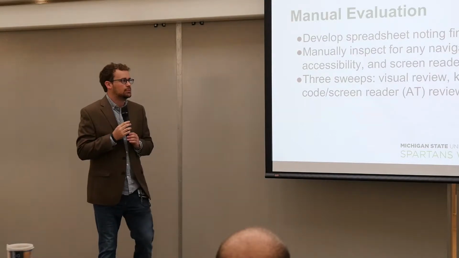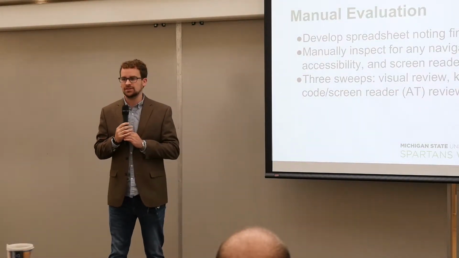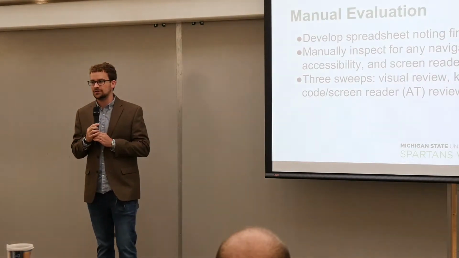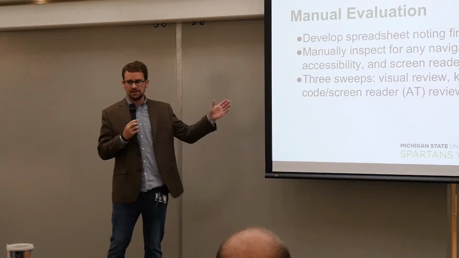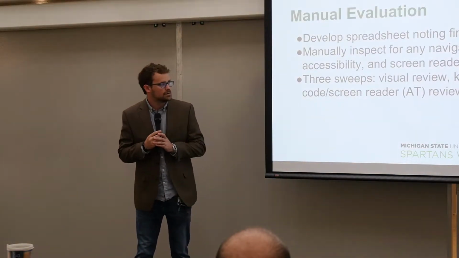And how we do manual evaluation involves a couple of different sweeps through a website. First a visual review, thinking about your color contrast, things like that, which you can quickly get through, then a keyboard only review, and then a code and screen reader review.